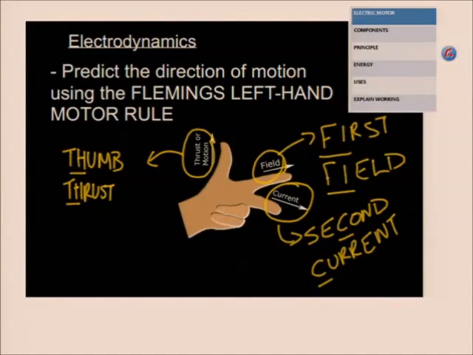So if you can focus on me on the camera, I just want to show you that we keep our left hand in this way, so that each one of these three sections forms 90 degrees with one another. All right, so the thumb will then be the force that is experienced. The index finger would be my magnetic field direction, and this will be my current direction.